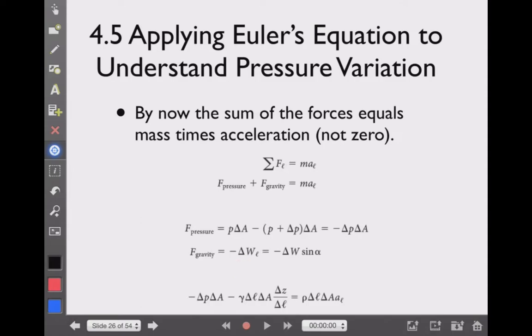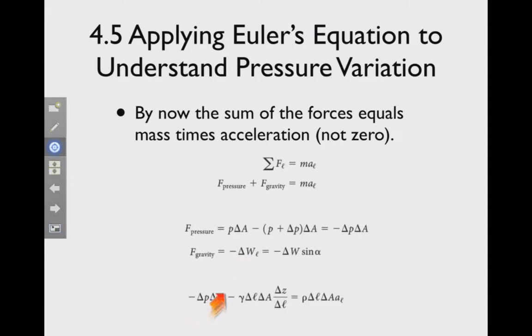So when we combine these two equations here, we see that we've got this pressure force, the delta P times delta A, minus the weight of the fluid. And again, we've substituted delta Z over delta L for the sine alpha here, as we could see from the triangle that I showed you before. And then on the other side, we've got basically mass times acceleration.